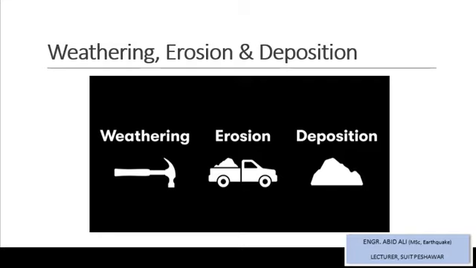It's a way of taking bits of rock and smashing them into smaller bits and or changing them into something new. And then erosion, in this example, would be something like a dump truck or a pickup truck carrying all the little bits and pieces broken off by weathering from one location to another.